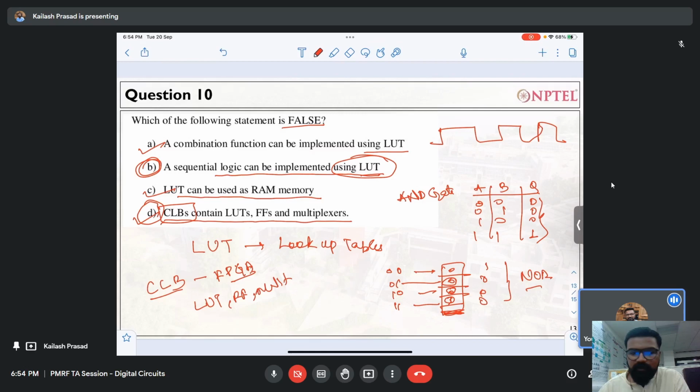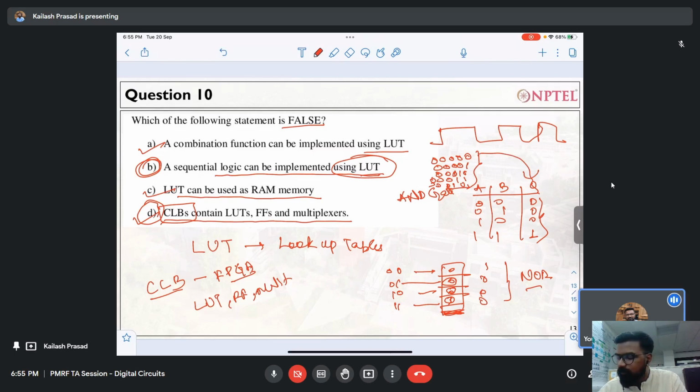A counter keeps on giving 0000, then 0001, then 0010, then 0011, something like this. At every clock cycle, it is giving you some output. How do you represent this in the form of a lookup table? That's my question, and you cannot do that.